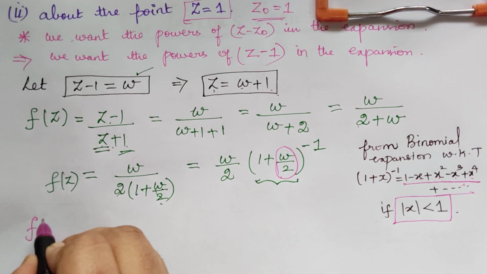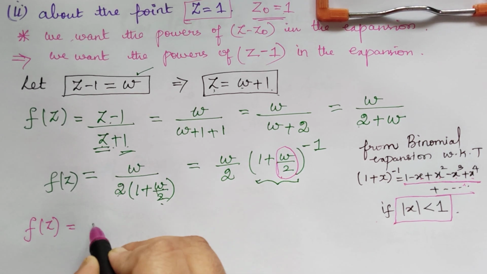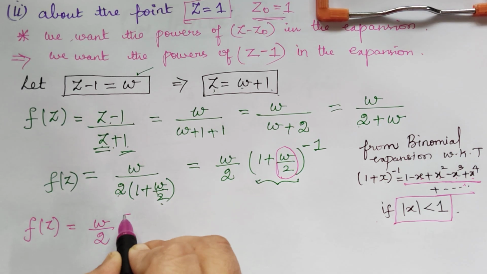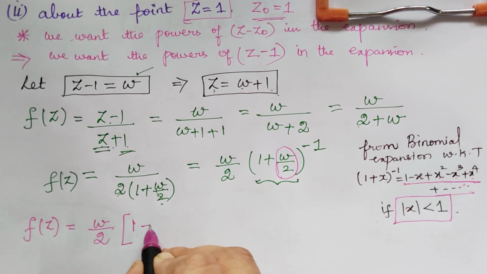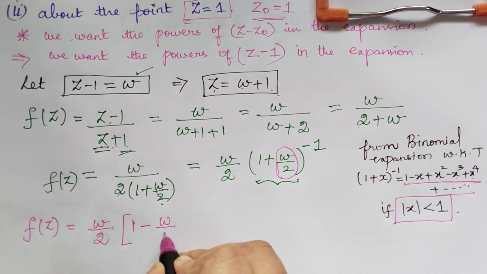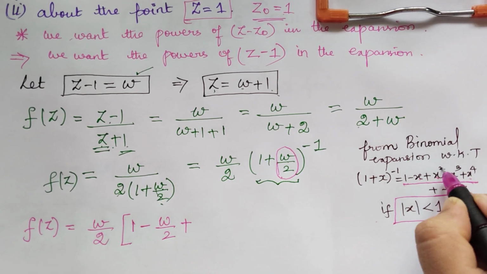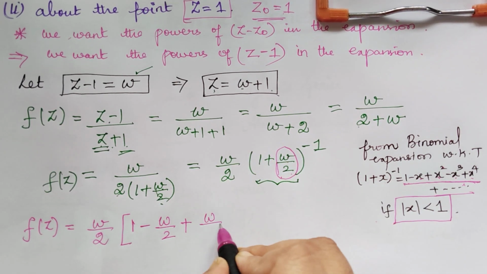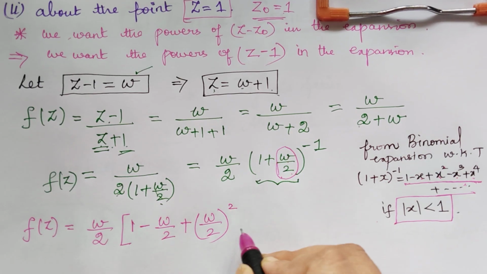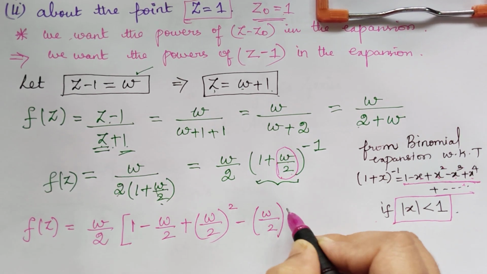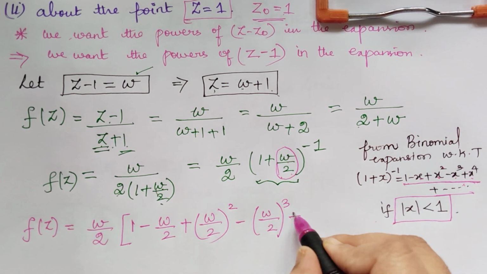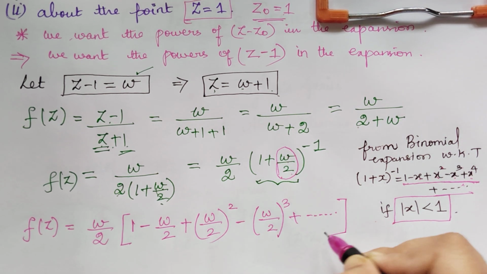So therefore f of z will become w by 2 multiplied with, now here you will have this expansion, 1 minus w by 2 plus x square, so w by 2 the whole square, minus x cube, so w by 2 the whole cube, plus etc. The series goes on like this.